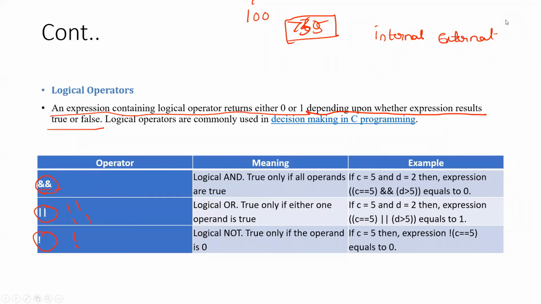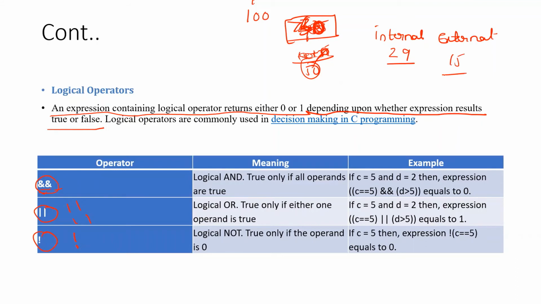But there is a constraint. Some student may get internal marks for 30, he may get 29. But in the external exam, he may not get enough marks, like he may get 15 or 16.